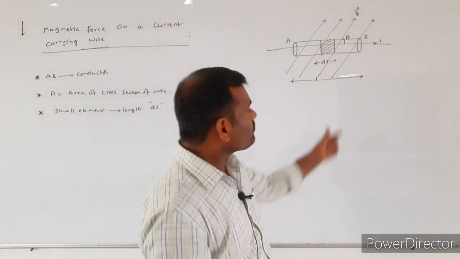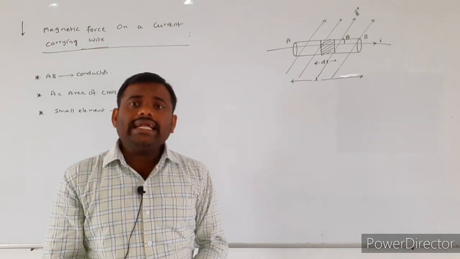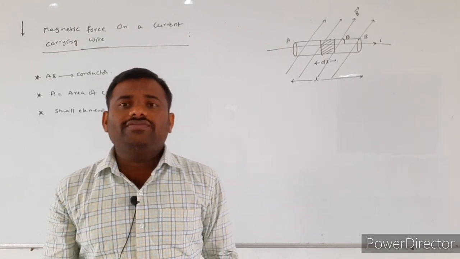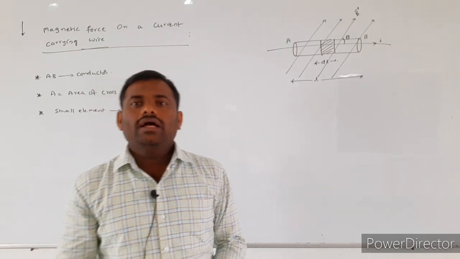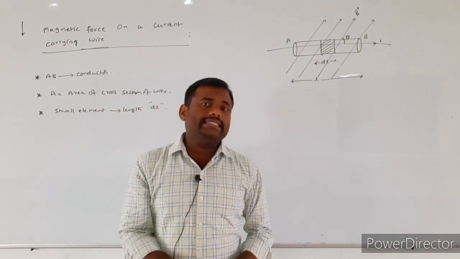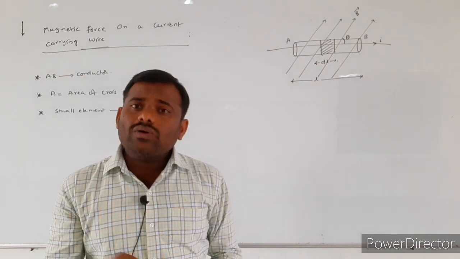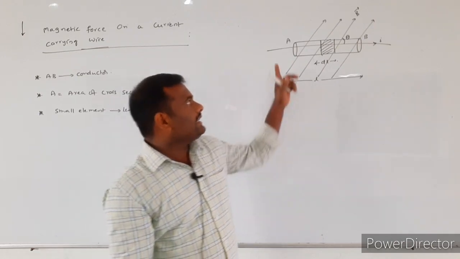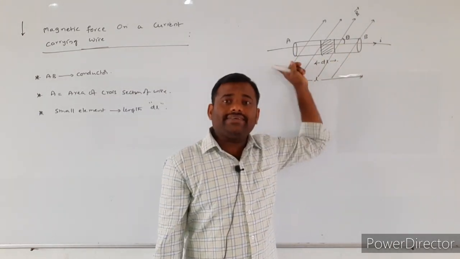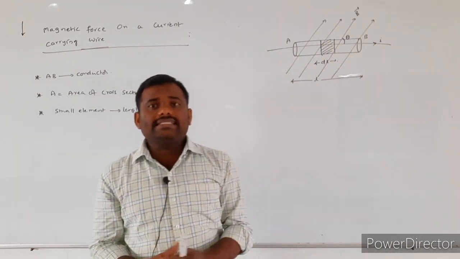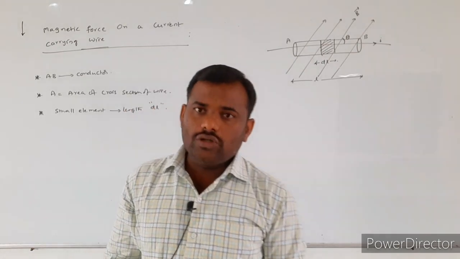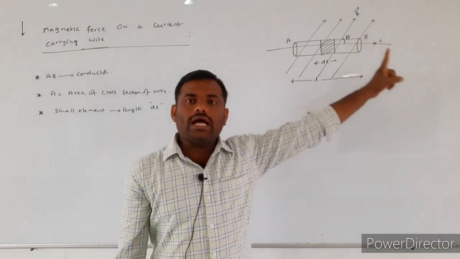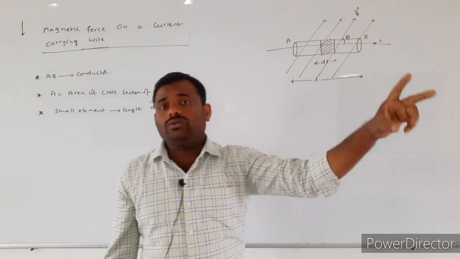Now, in the current electricity topic we discussed the concept of drift velocity. How can we define the drift velocity? Whenever you apply a sufficient potential difference at the ends of a conductor, current will be flowing through the conductor.